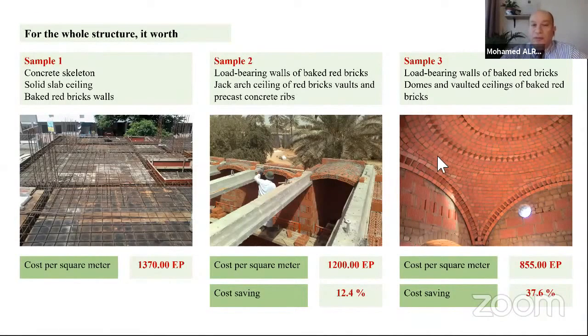And here, for sure, we didn't use stabilized or compressed earth blocks yet, but we are comparing the systems of construction. For the first alternative, we got this result: the square meter costs 1,370, the second one costs 1,200 Egyptian pounds, and the third one costs us only 855.